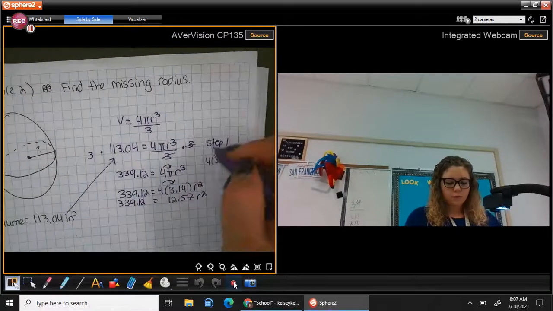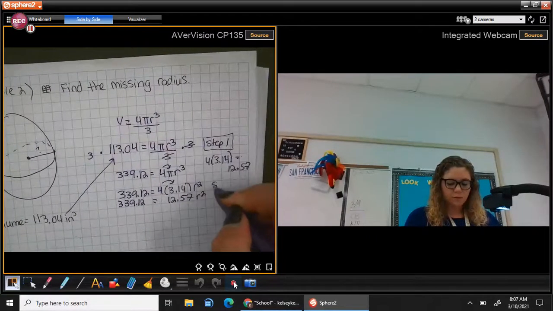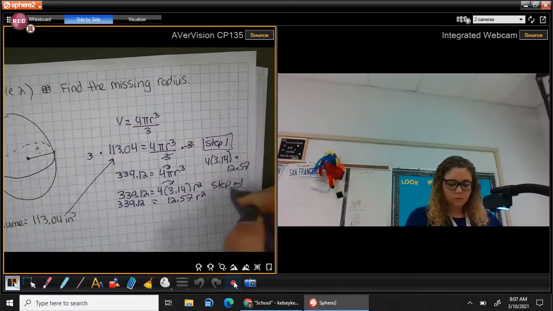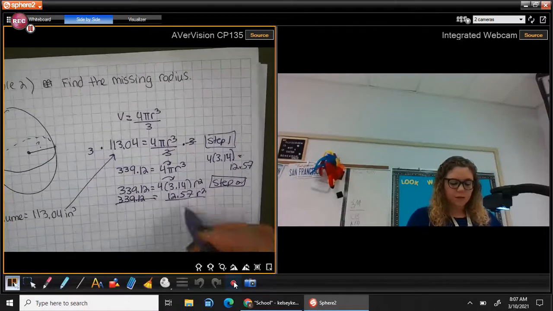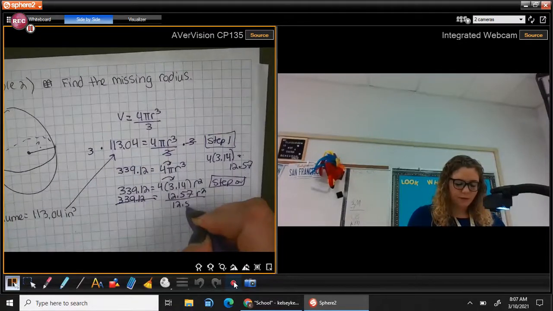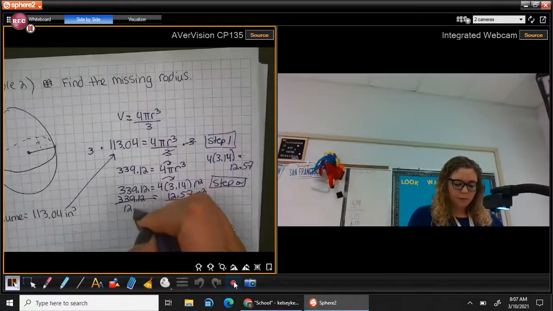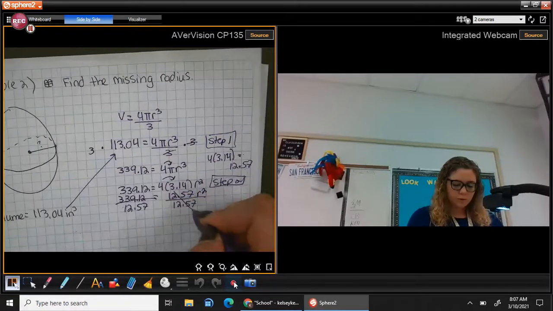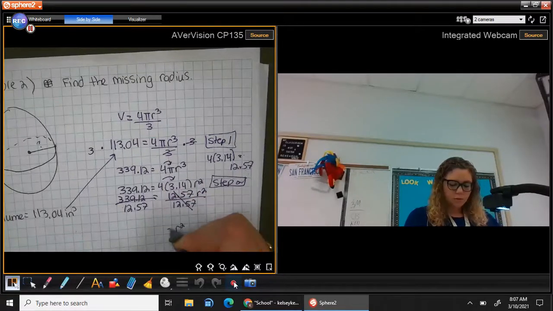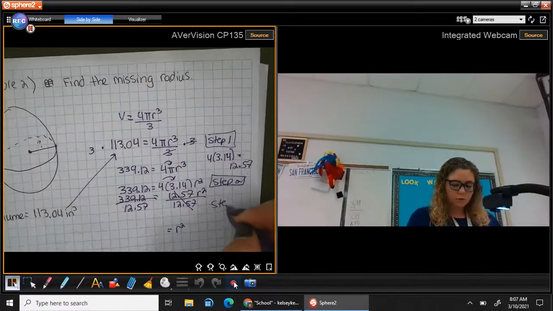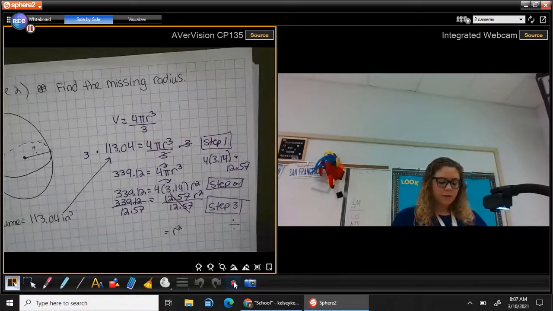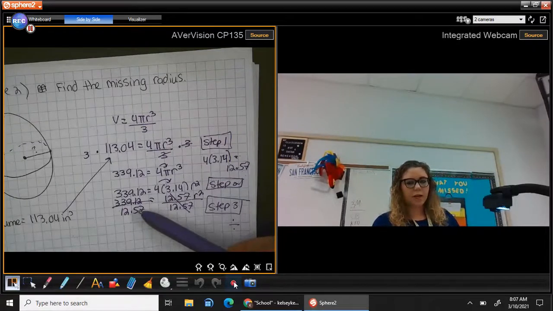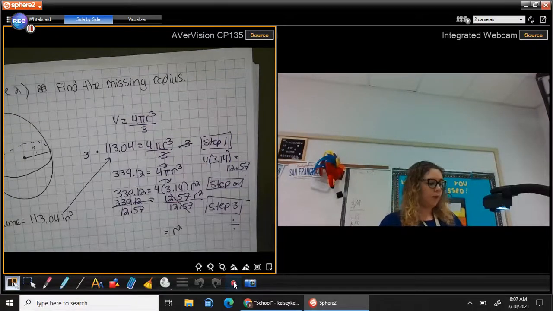So, step 2. Okay. Step 3 is you're going to divide both sides by 12.57. So, over here, 339.12 divided by 12.57.